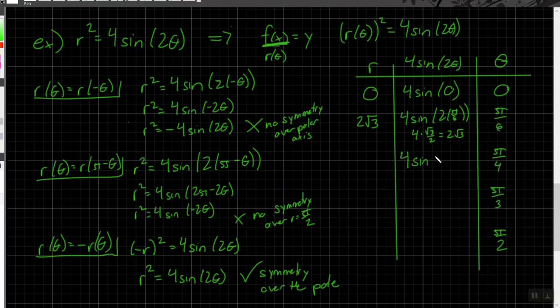4 times sine of 2 times pi fourths. So that would be pi halves. So 4 sine at pi halves. Sine of pi halves is 1. So this is 4. Okay, next one. 4 sine of 2 times pi thirds.